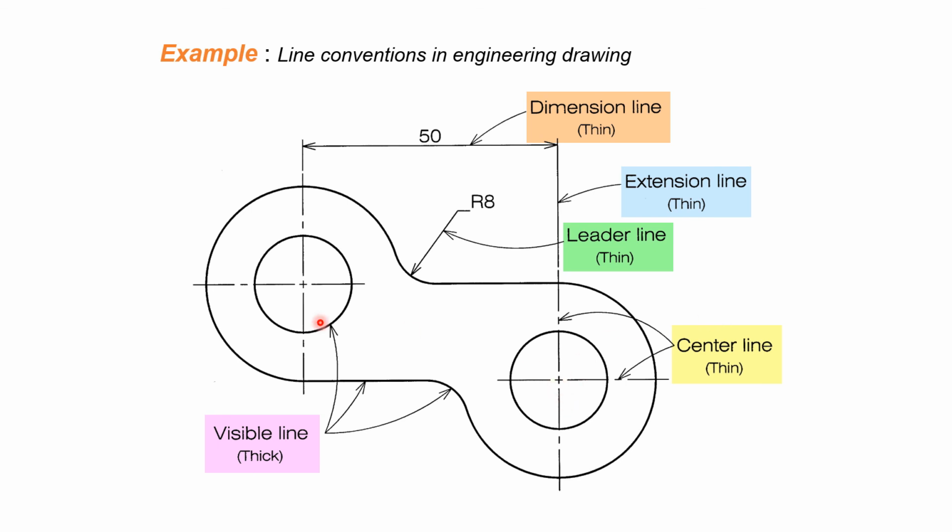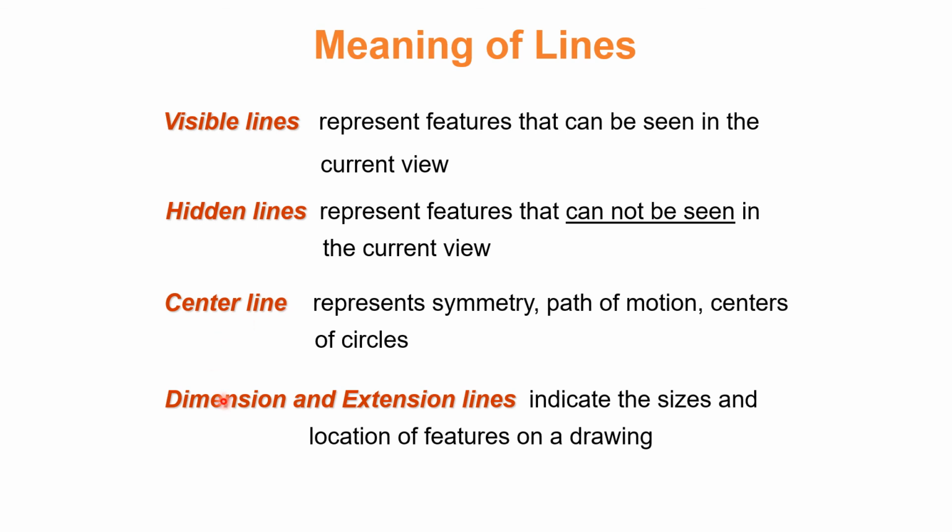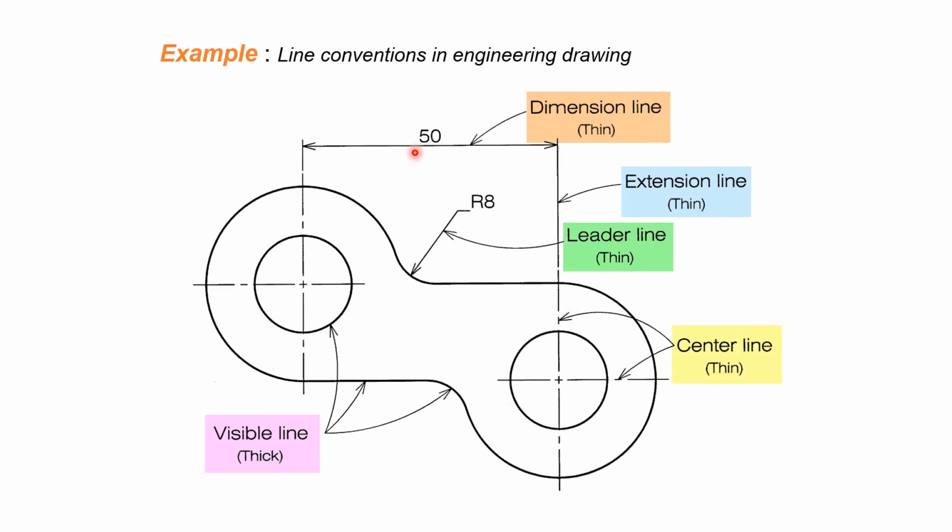Dimension and extension lines indicate the sizes and locations of features, such as R8, 50, and the dimension line. They indicate the location of the feature and its size, and the extension lines tell us where the location of this object is.